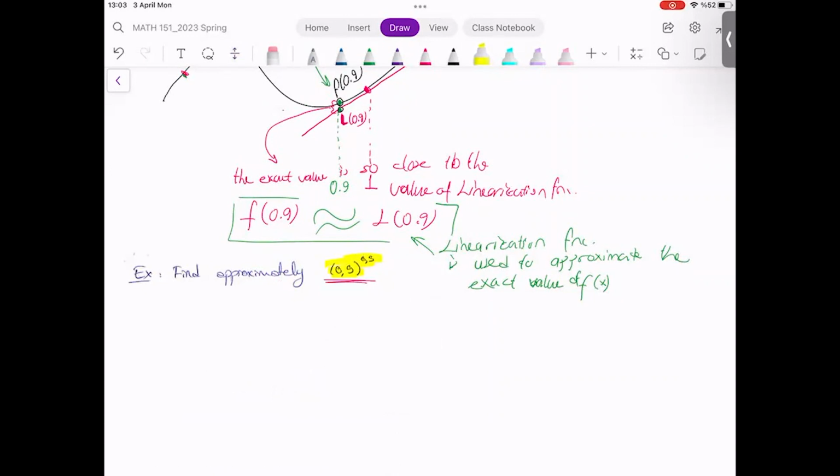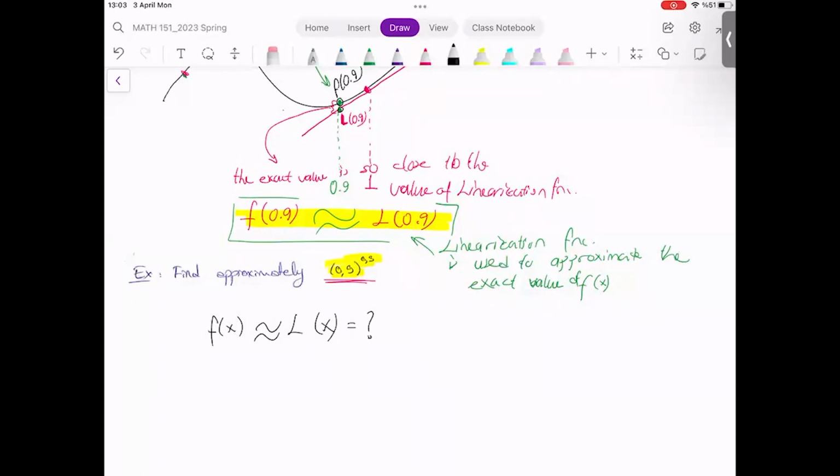By hand, it is impossible. But as we learned that the value of the linearization function gives us an approximation for the original function, we will use linearization function here. So let's create the linearization of it.